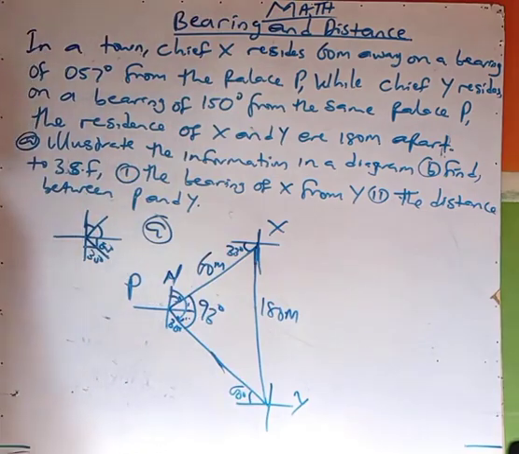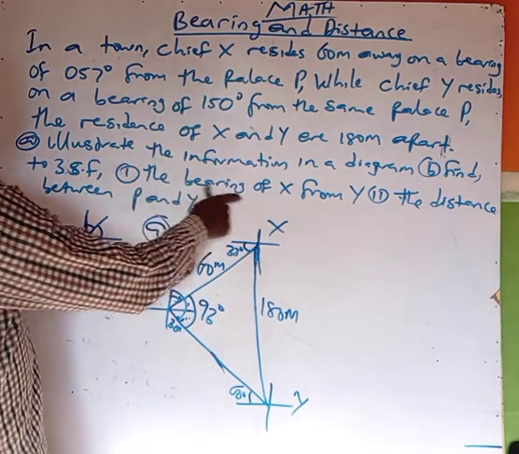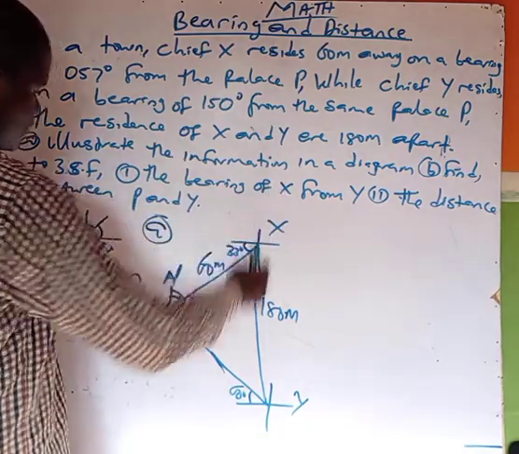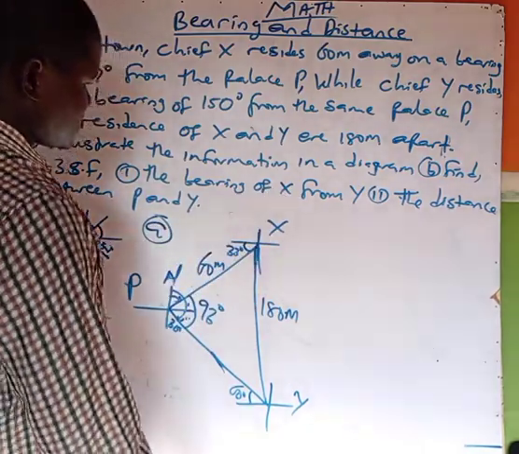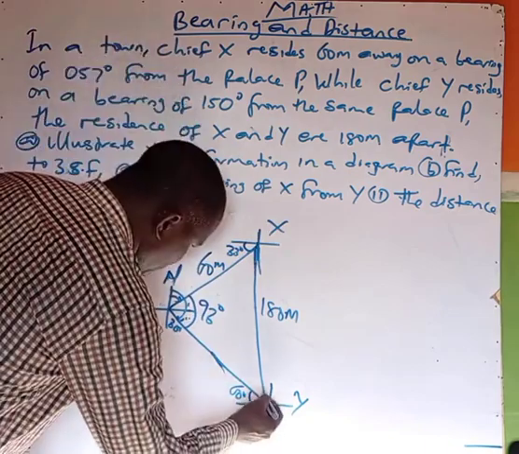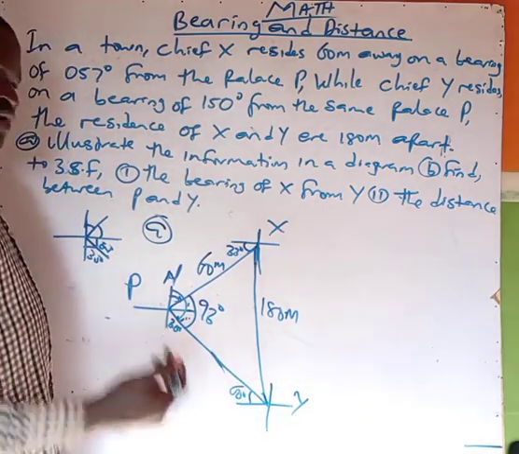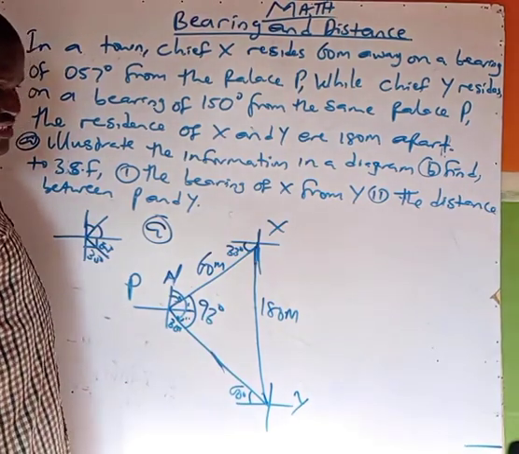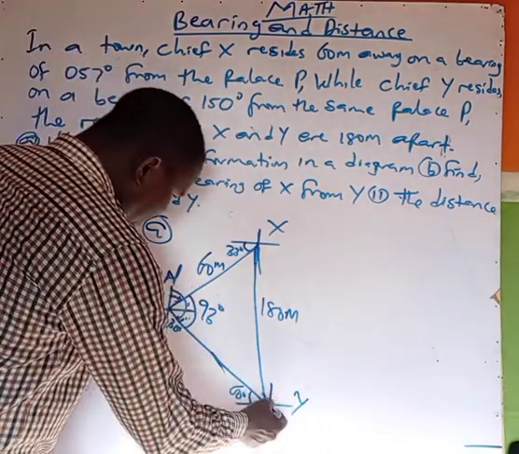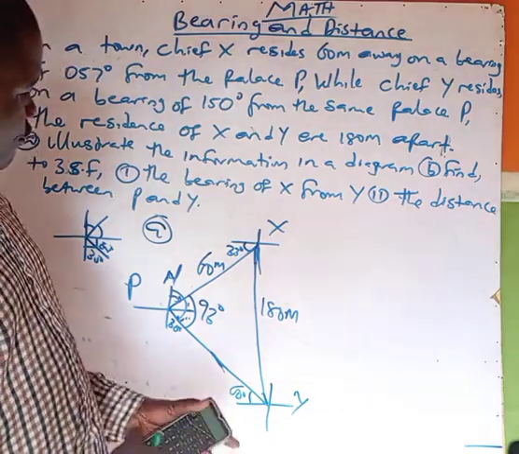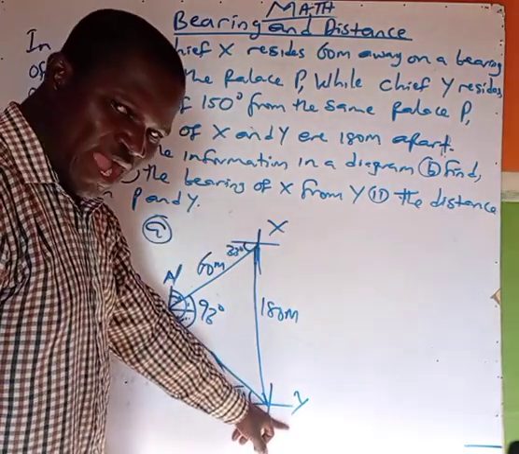Then you have to calculate the bearing of X from Y. You calculate the bearing of X from Y. So look at it. How are you going to calculate it? If you want to calculate bearing, I believe you understand it a bit, what is the direction of X from Y?